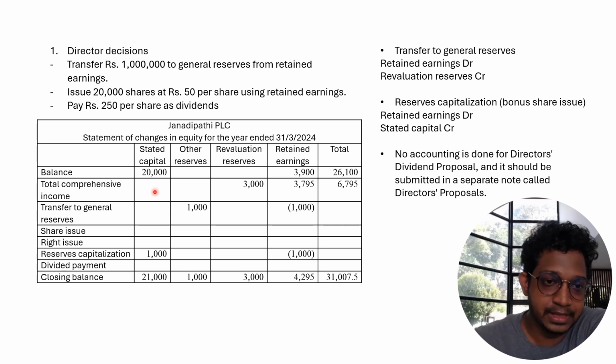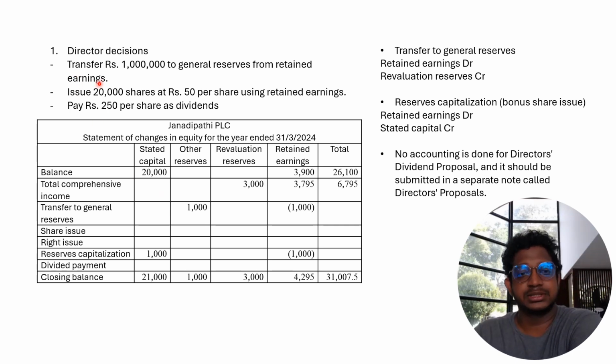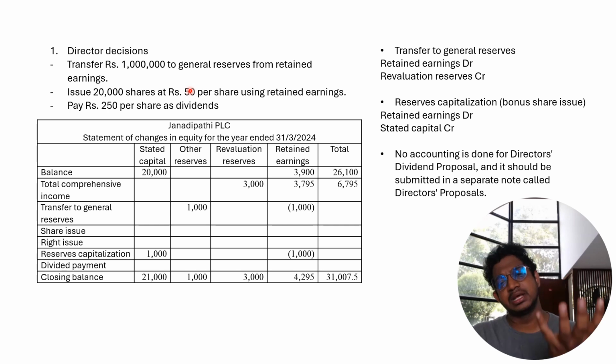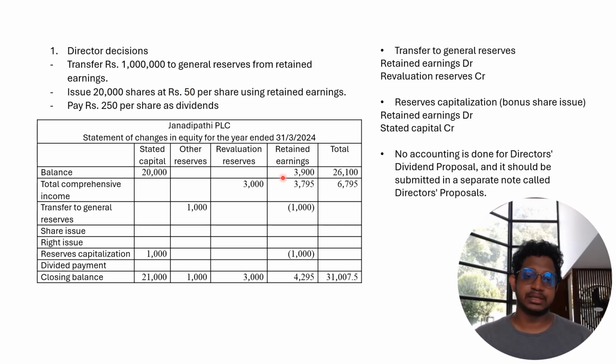Like this. First, transfer 1,000 to general reserves from retained earnings. So retained earnings goes down and other reserves, general reserves, increase. This is how you record that: retained earnings minus and other reserves increasing. And issuing 20,000 shares at 50 per share, which means reserves capitalization, a bonus share issue, again from retained earnings.